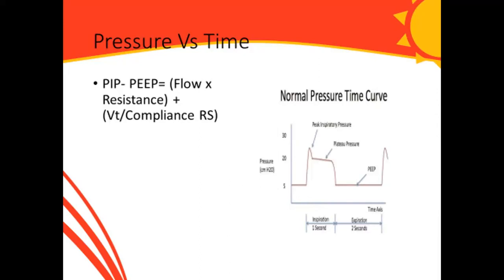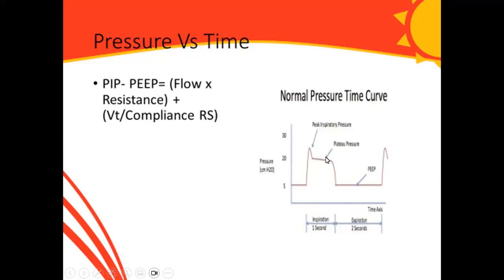If you look at the pressure versus time waveform, you'll see that it starts like a P. I like to use that also. This is the pressure at PEEP of 5. It gets to the maximum at the peak inspiratory pressure and begins to plummet down.